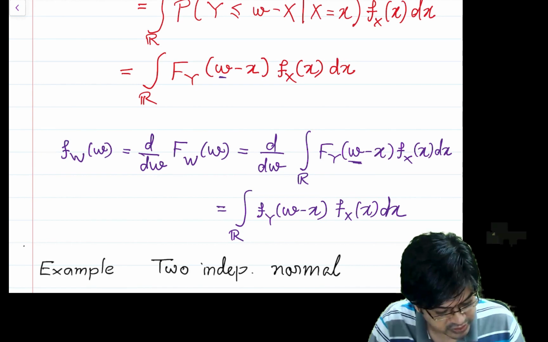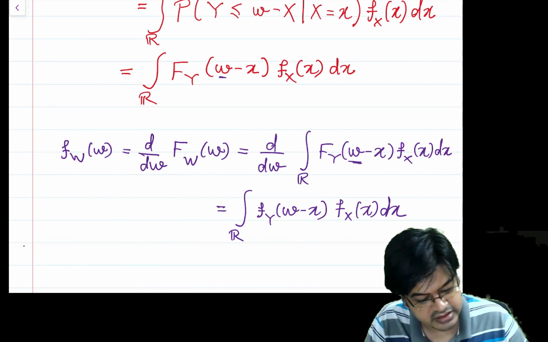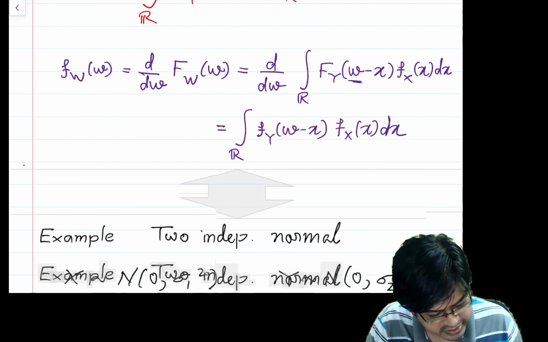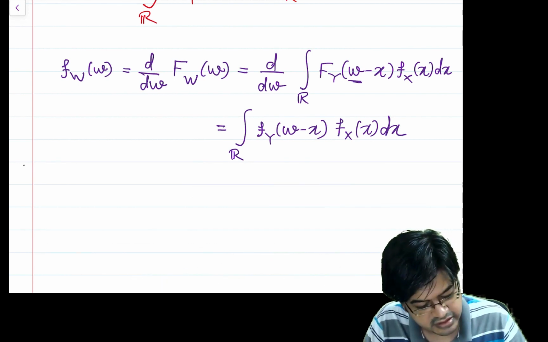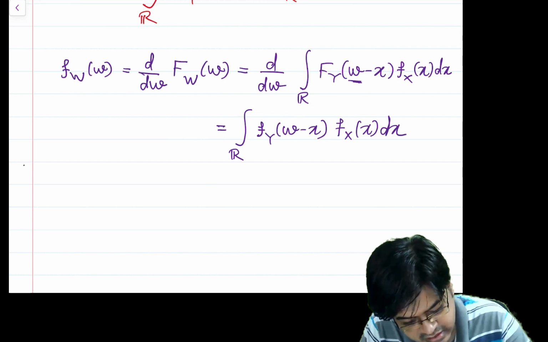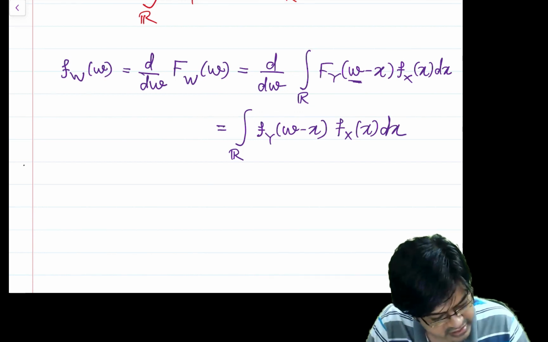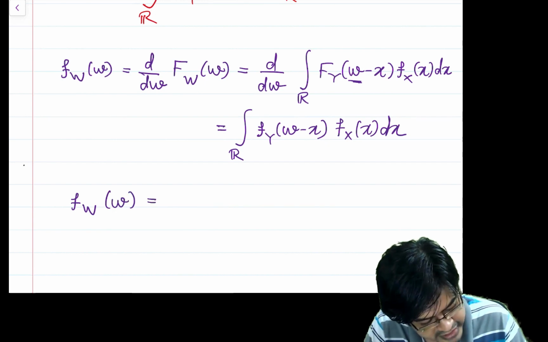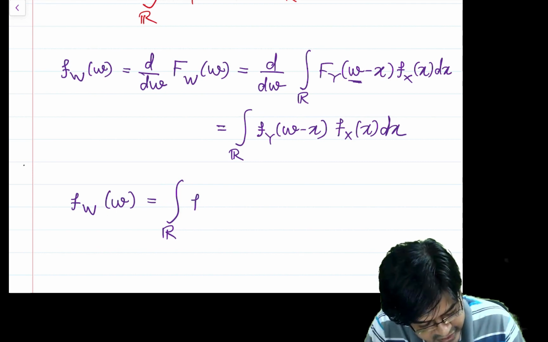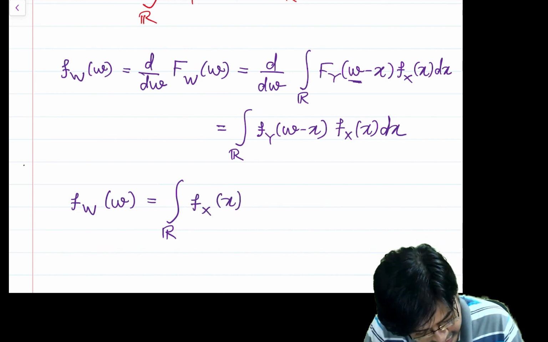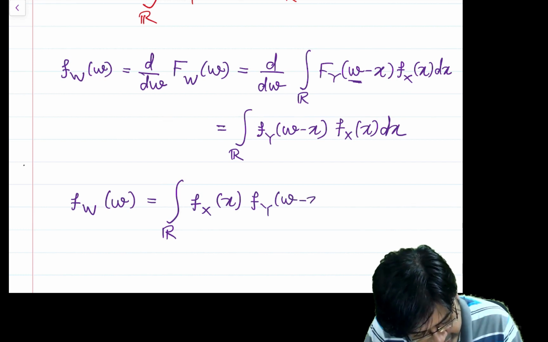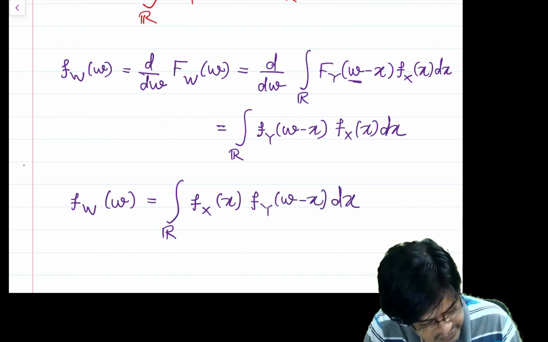So what I have actually shown here is that the distribution of W is nothing but a formula very similar to what we get for discrete random variables, where PMFs are replaced by PDFs and sums are replaced by integrals.